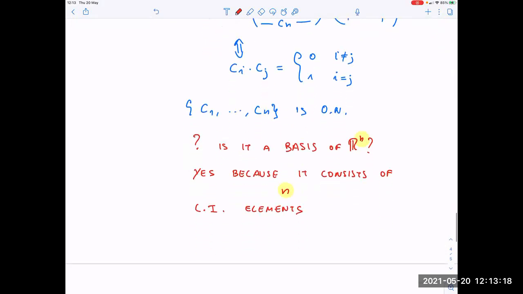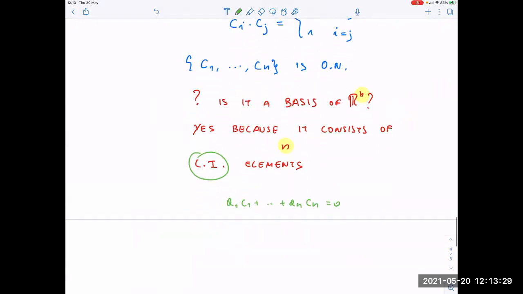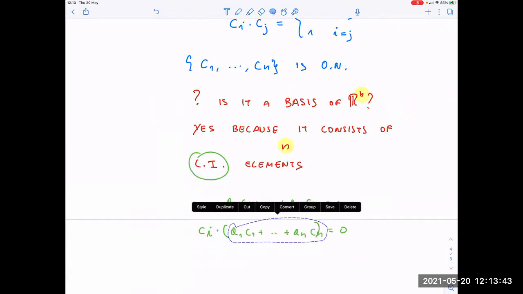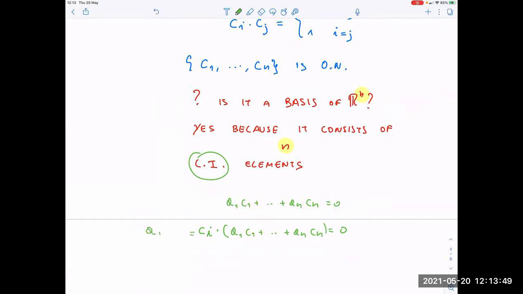But why is it true that it is linearly independent? Well, because you write down A1 C1 plus ... plus An Cn, you set it equal to 0, and then you play the game of the dot product. So I dot product these by Ci, I will get 0, right? And if you compute, the left hand side is going to be Ai.